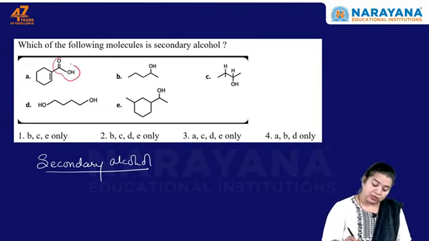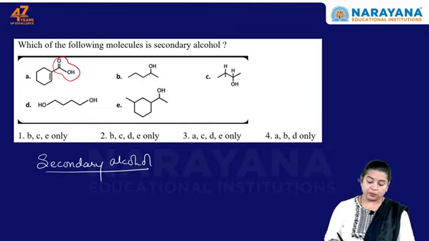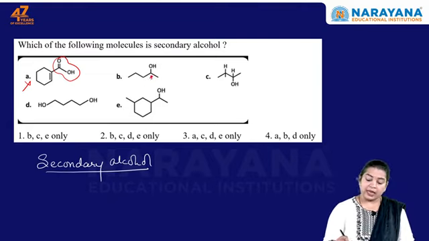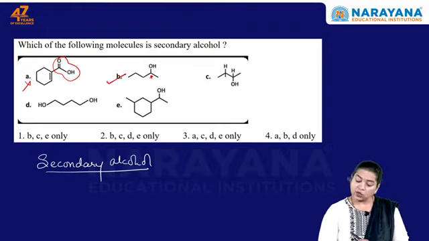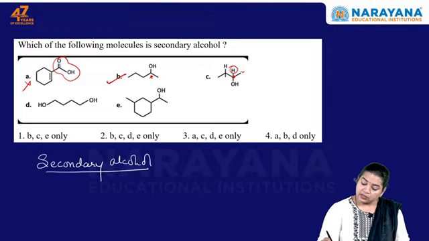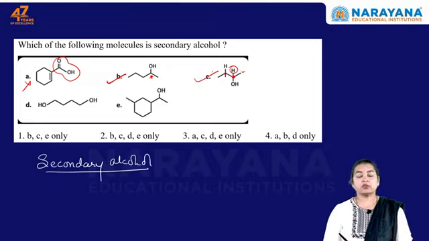This one no one will include because it is not even an alcohol. It is a carboxylic acid. Not possible. Yes, see this particular site, this is a 2 degree alcohol, secondary alcohol. Here, hydrogen is there. It is not carbon. So yes, this carbon is connected to 2 more carbons. So C is our choice.